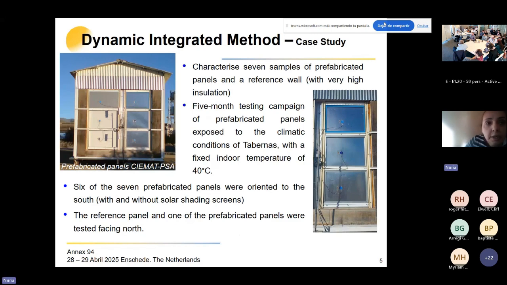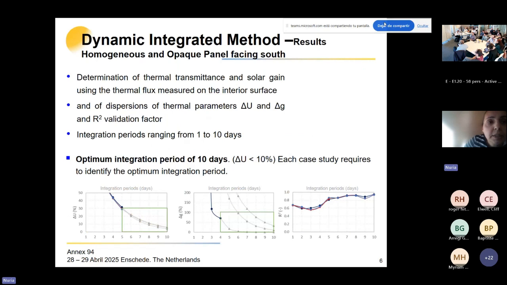Using this integration method and linear regression, we determined the characteristic parameters, the thermal transmittance and the solar gain. Using this validation factor, we evaluated periods ranging from 1 to 10 days.